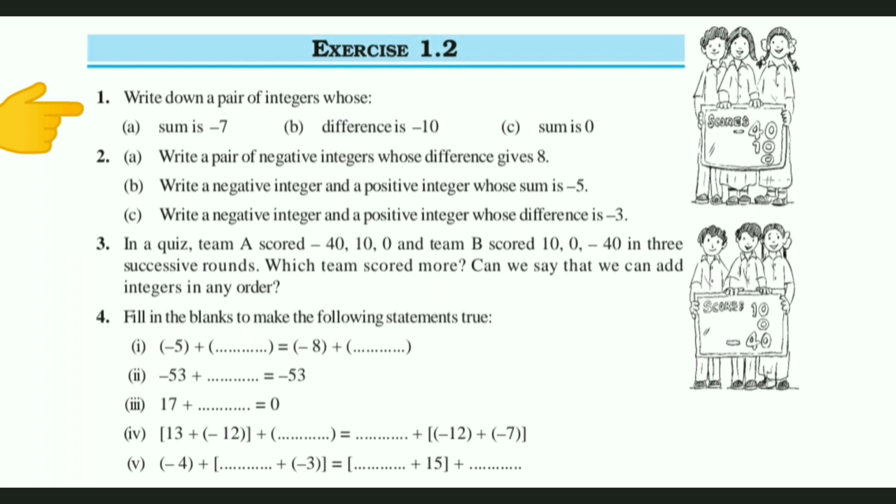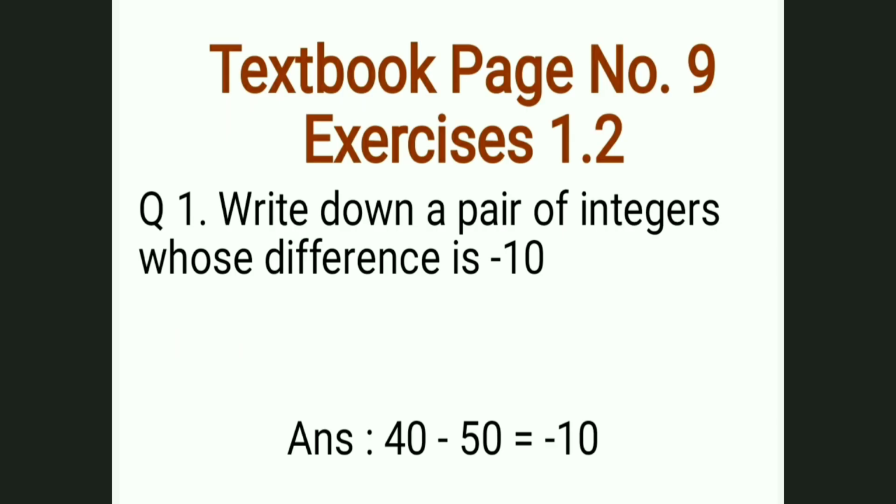Now children, on page number 9, exercise 1.2 is given. Let us solve one or two examples from that exercise. Over here, you have to write down a pair of integers whose difference is minus 10. So children, what you have to do?